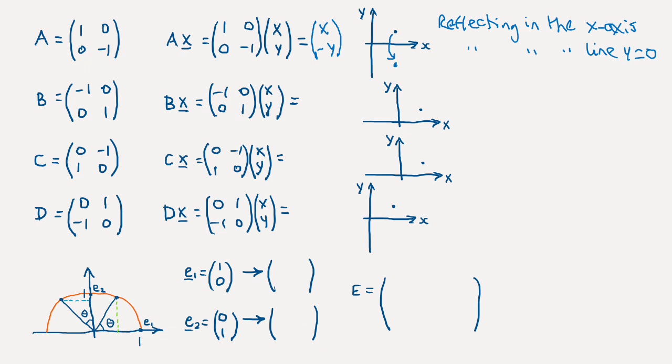Multiply that by a vector in R2, and what do we get? So this time we get minus x for the x-coordinate and y for the y-coordinate. So in this case, on the diagram, that point x, y is going to go to minus x, y, so that's going to be over here, and so this is a reflection in the y-axis.